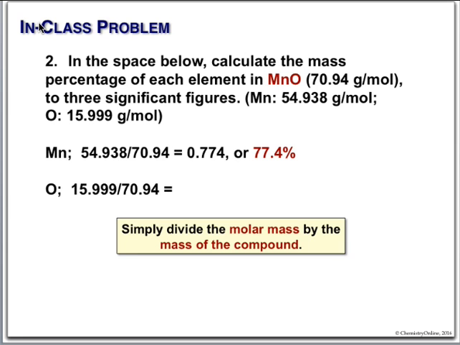When we do this, our fraction is 0.226. Multiplied by 100, we get 22.6%. You will have a problem very similar to this on your exam, so make sure that you just understand the procedure, okay? The molar mass of the element divided by the total mass of the compound.